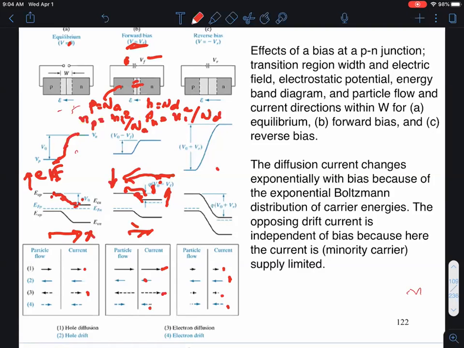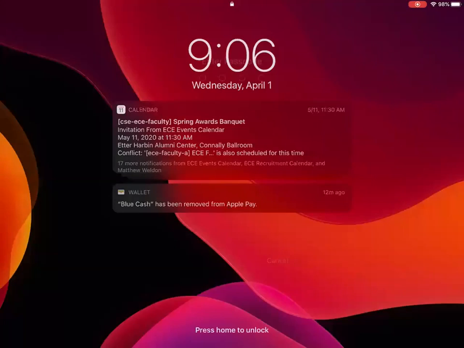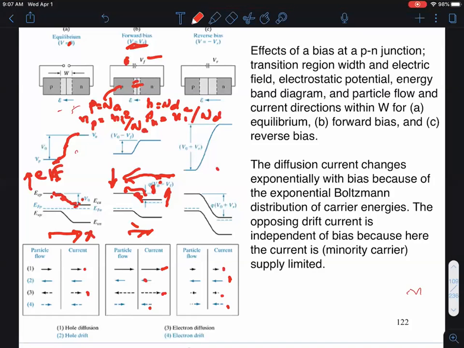I hope that's okay. I'm hoping that's everybody. Sorry about that. Can you guys hear me and see the screen?